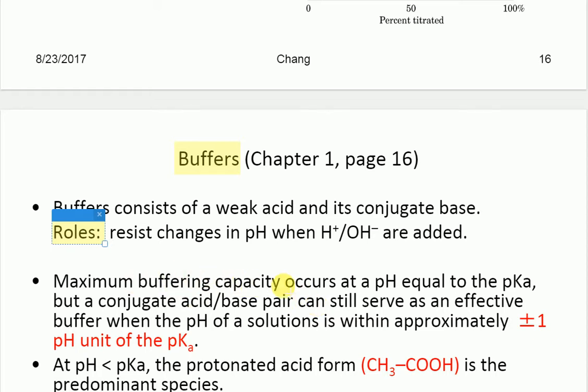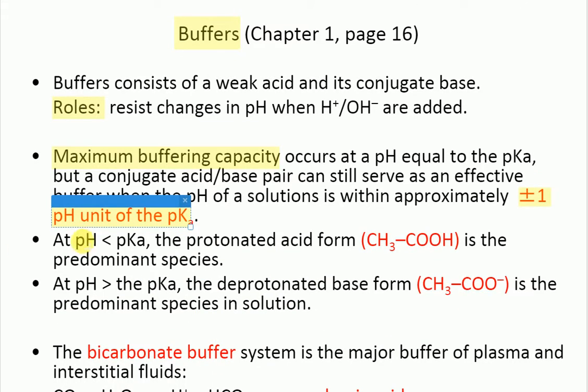Maximum buffering capacity occurs at a pH equal to the pKa, but a conjugate acid-base pair can still serve as an effective buffer when the pH of a solution is within approximately plus or minus 1 pH unit of the pKa.